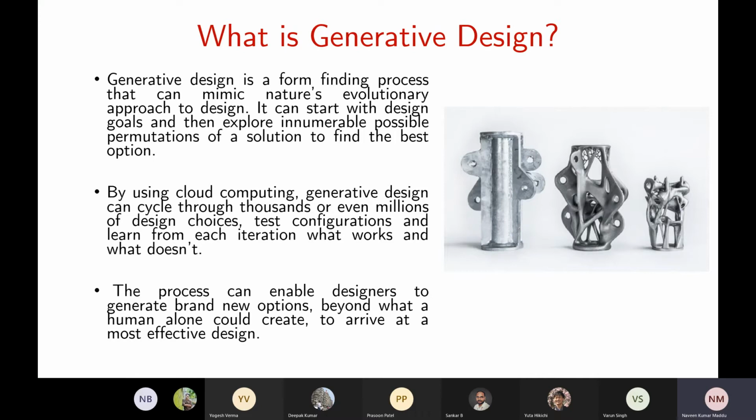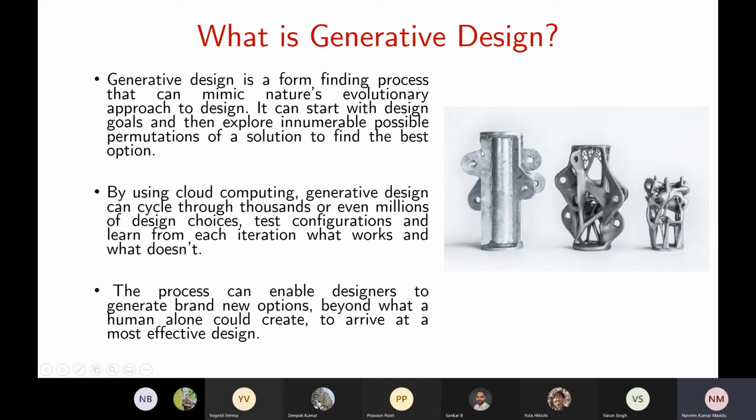Either of those you can use, and then you try to evaluate at which point the stress is more or at which point the thermal gradient is more. Based on that, you add or remove your material and you run this for so many iterations, and then you get to some point and you get your optimized product.